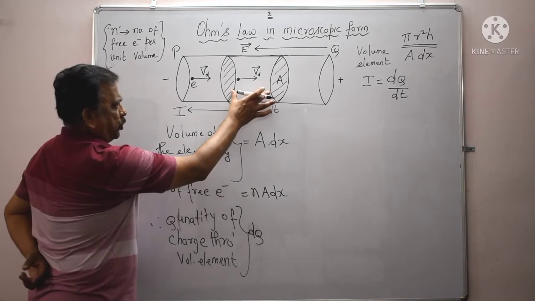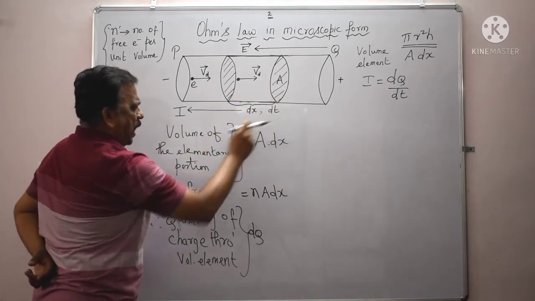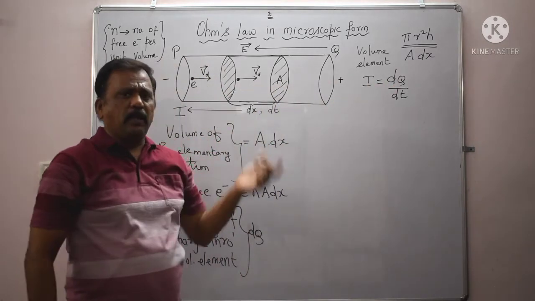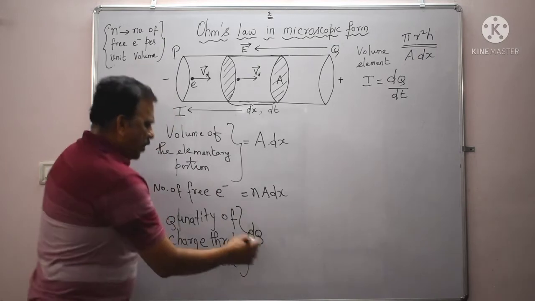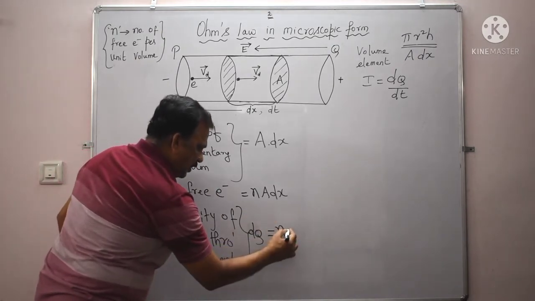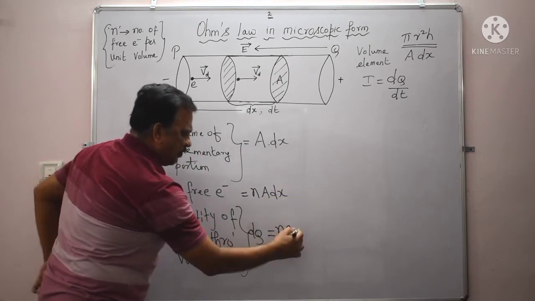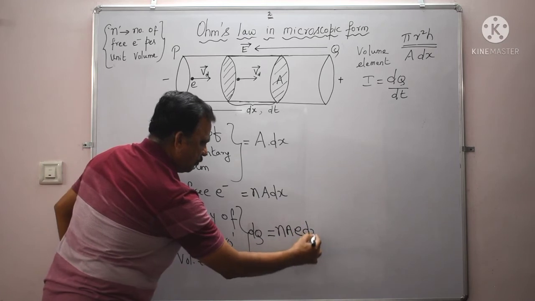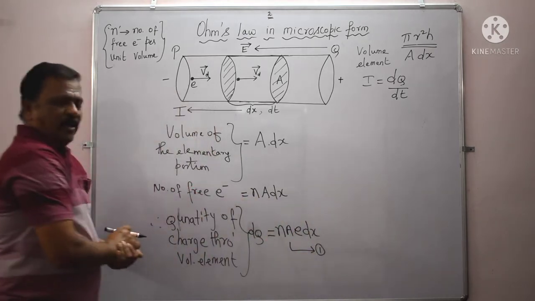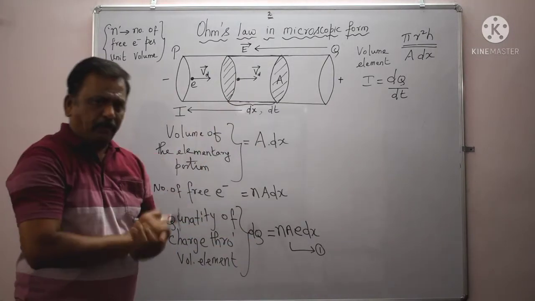Since the elementary portion is of very small volume, the number of electrons crossing in a very small interval of time is also going to be small, and hence the quantity of charge crossing the volume element is also going to be very small. So dq is equal to n into A into dx into e. I have to multiply this with the charge of an electron. So let me write like this. So take this as number 1. So successfully I have found the quantity of charge that crosses the elementary portion.